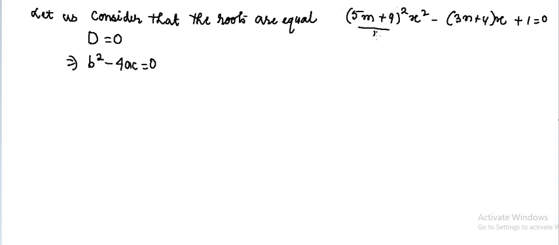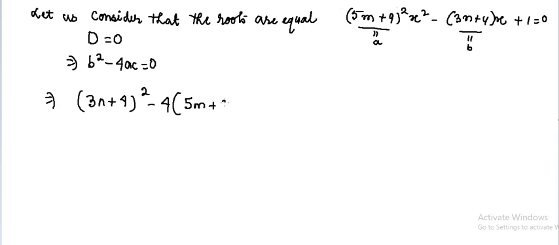So this is equal to a, this is equal to b. Let's put down the values. Here b will be (3n plus 4) whole square minus 4 into a, that is (5m plus n) whole square, is equal to 0.